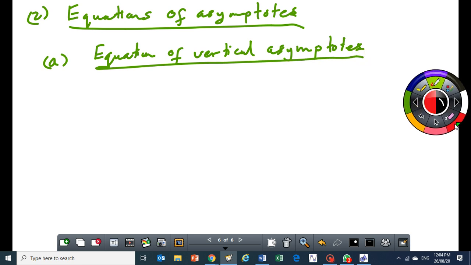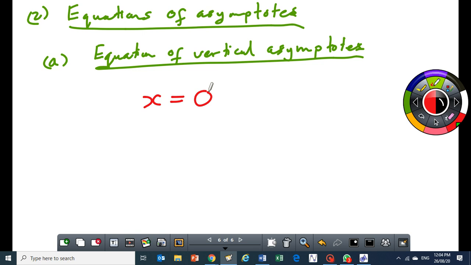The equation of the vertical asymptote is x equal to 0. X equal to 0 is the y-axis. The y-axis is a straight line. So it has got an equation. And the equation is x equal to 0.